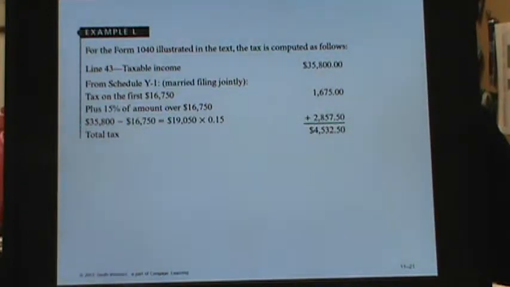Their $35,800 minus $16,750 leaves them over $16,750 by $19,050, and we multiply that by 15%, and that is $2,857.50. We add that to the $1,675, and you get a total tax of $4,532.50.